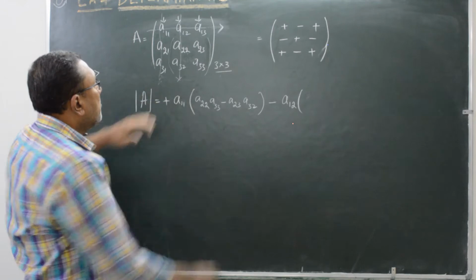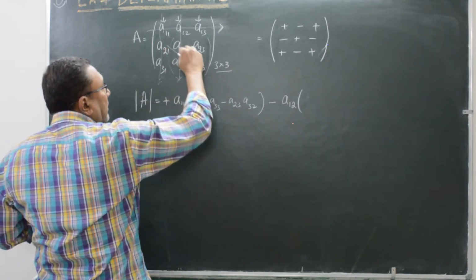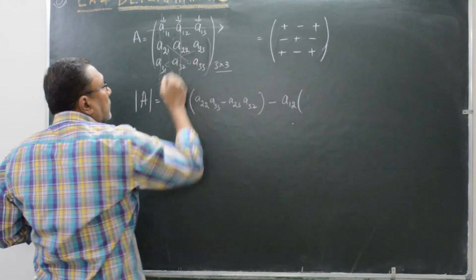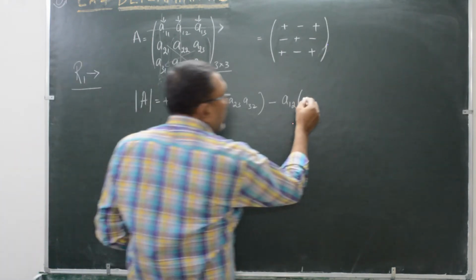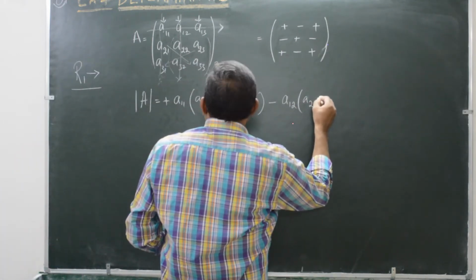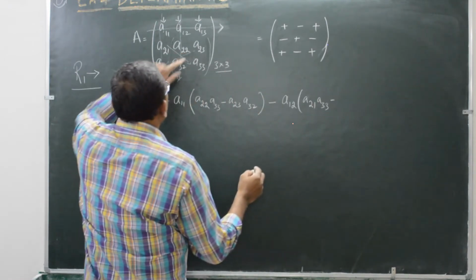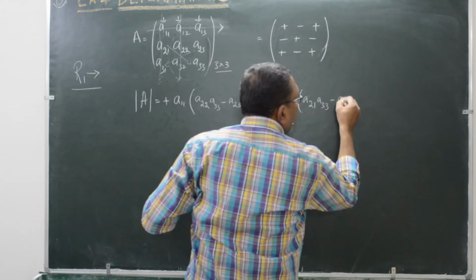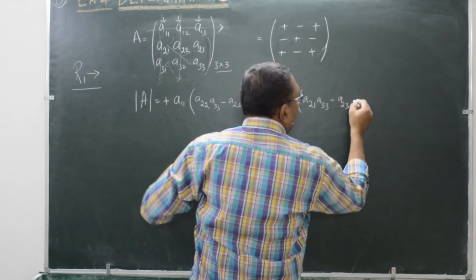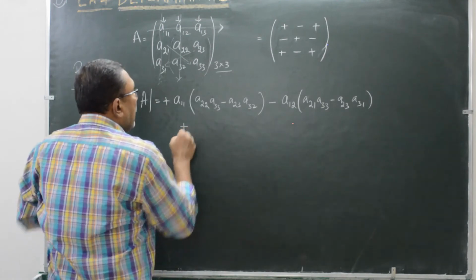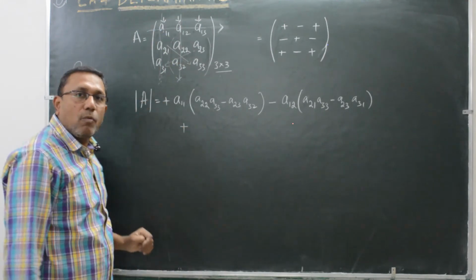The numbers associated will be A21 into A33 minus A23 into A31. Similarly, I'll take the last element, A13.